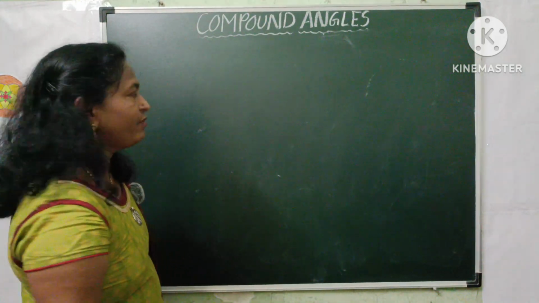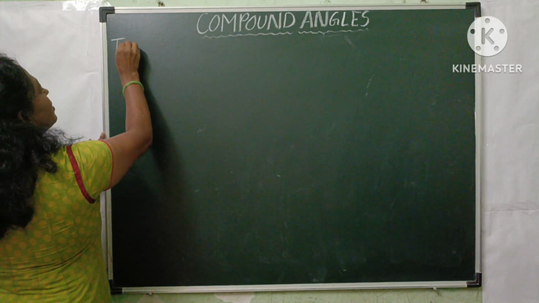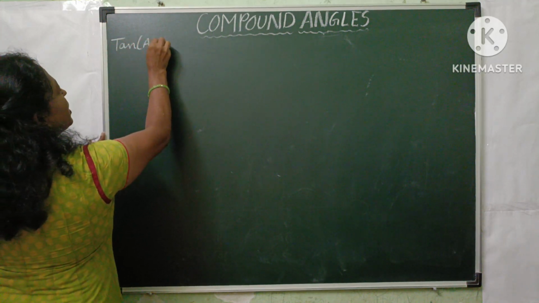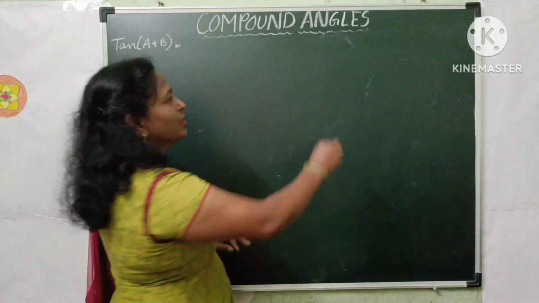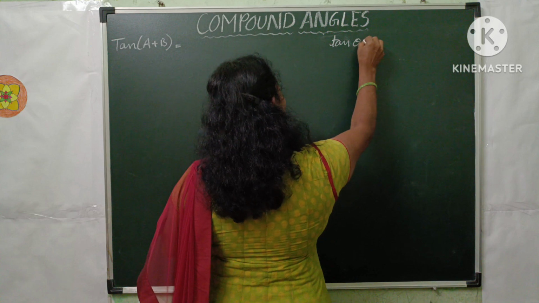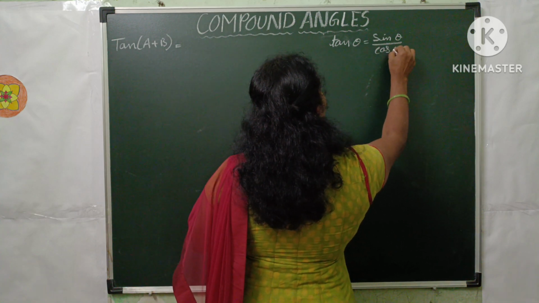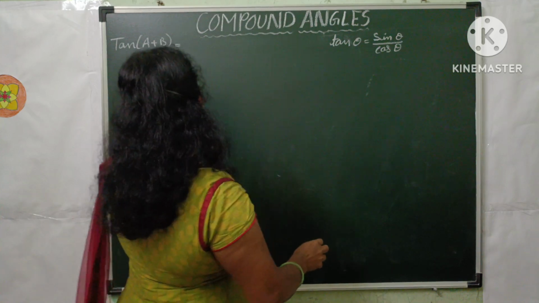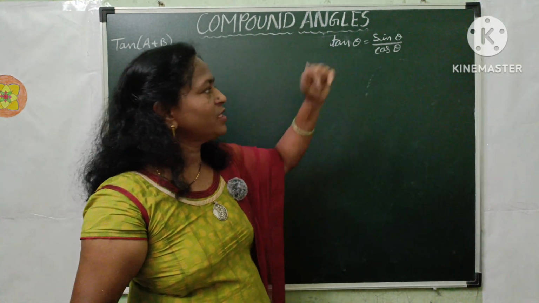Tan(a plus b) formula. Tan theta equal to sin theta by cos theta. Here a plus b, so sin(a plus b) by cos(a plus b).